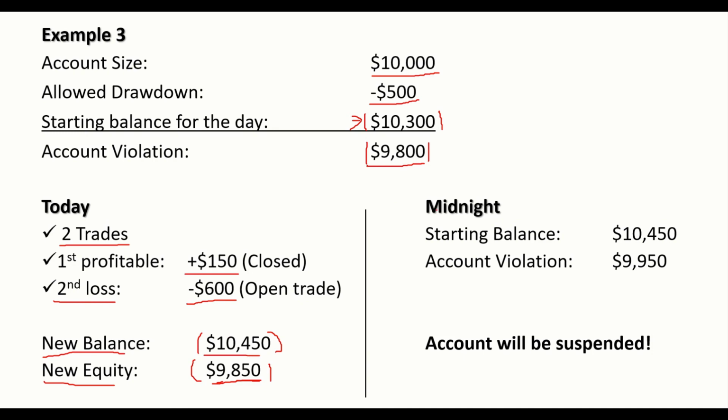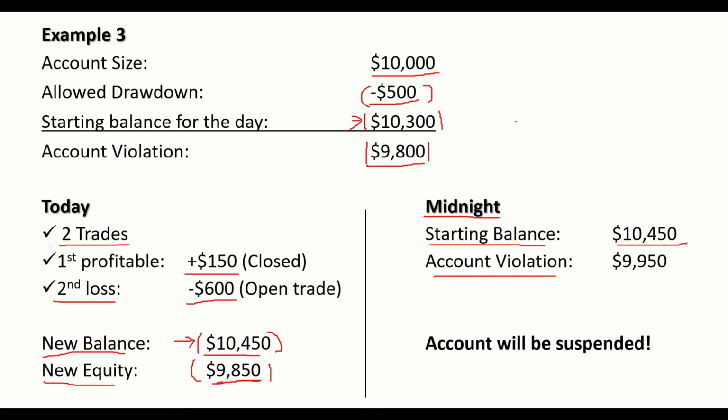But the interesting thing is at midnight, the new starting balance will be 10,450. This new starting balance here, 10,450. So in this scenario, the equity at which our account will have violated the rules will be 10,450 minus the allowed drawdown of $500.